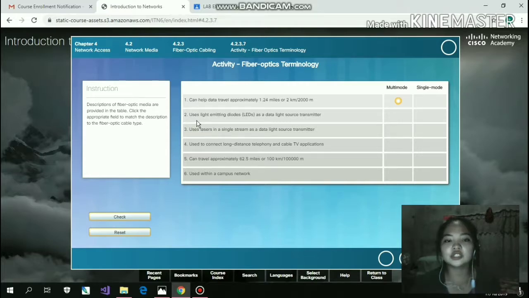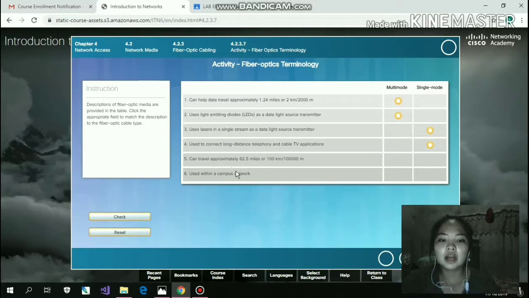The second one uses light emitting diodes or LEDs as a data light source transmitter. So this is multi-mode. And the one that uses lasers in a single stream as a data light source transmitter is single mode. Uses to connect long distance telephony and cable TV applications is single mode.